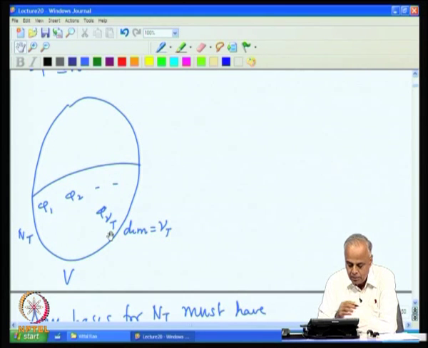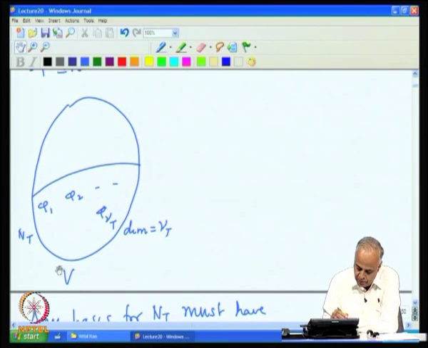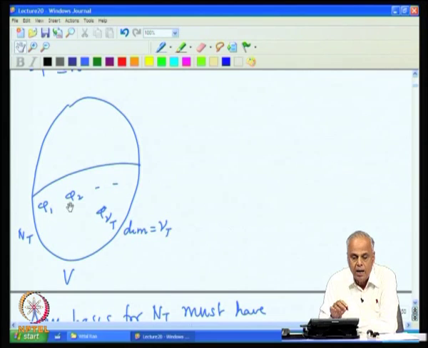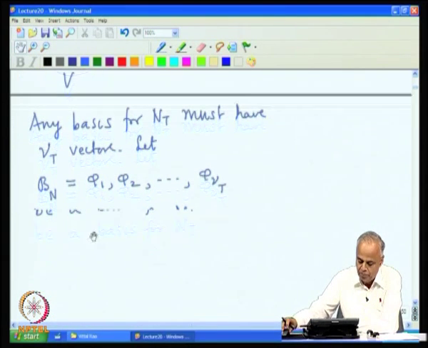In this case, the dimension of V is n, we already have nu of T vectors. So, we need n minus nu of T vectors from outside N of T, and they should be linearly independent, and together they will form a basis for V.